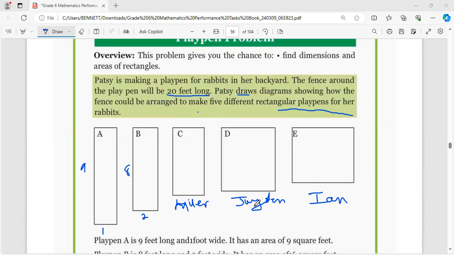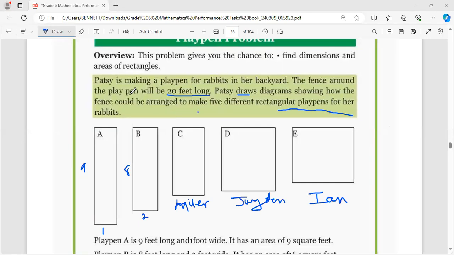Sir, how about the answer for C? I noticed that the pattern is like they subtract 1 from the length and they add 1 to the width. When they subtract 1 from the length, they put the one that they subtracted from the length to the width to add 1.